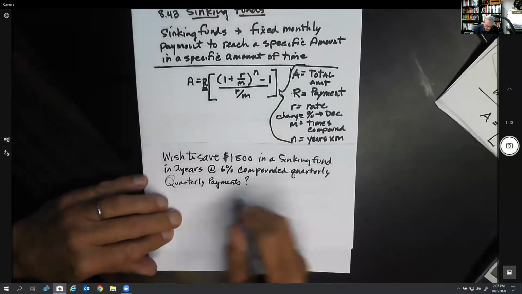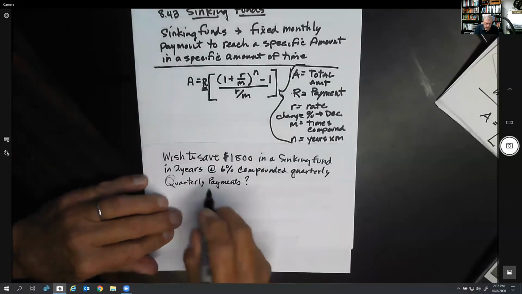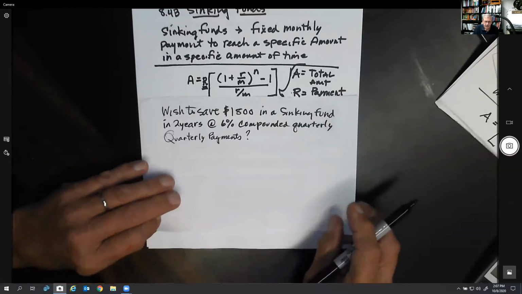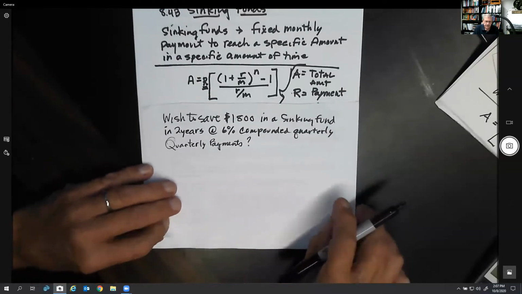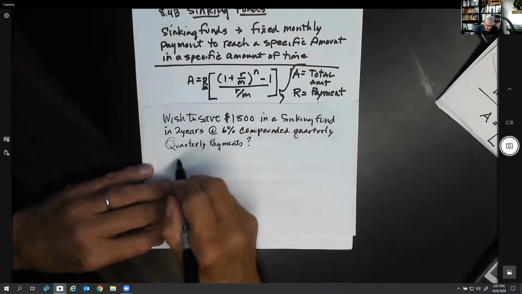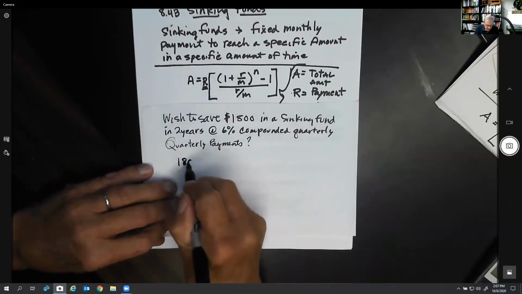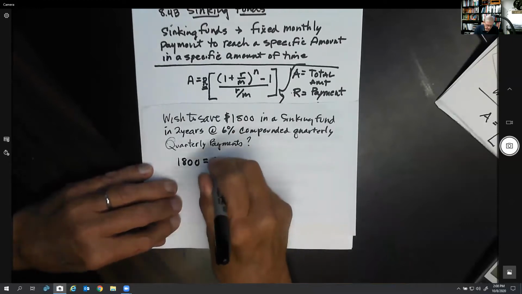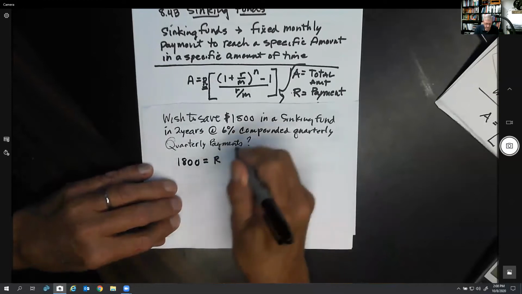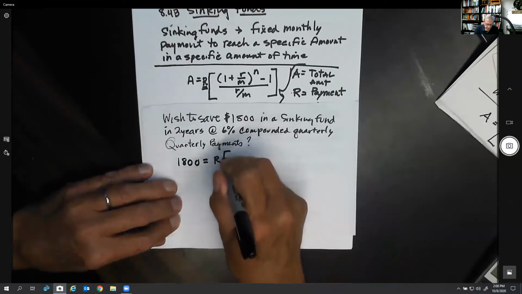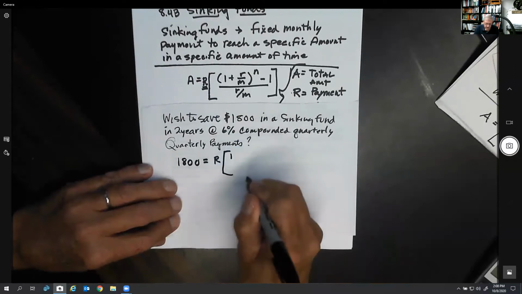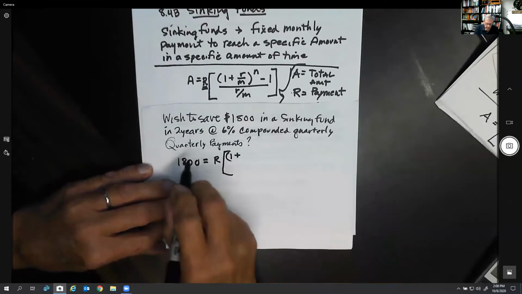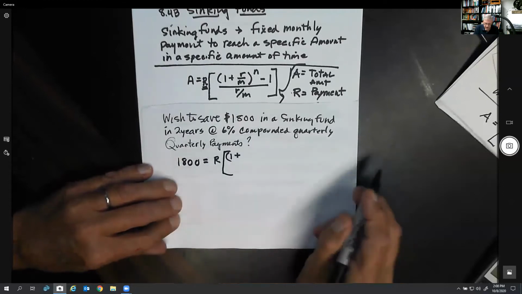So let's start out with A. We're going to use this formula right up here. I'm going to slide this up a little bit so we can see the formula, and I'll help you out. A is the amount that you want to save up, $1,800. R is what we're trying to find. 1 is, of course, 1 plus little r is the rate of interest, which is 6%.